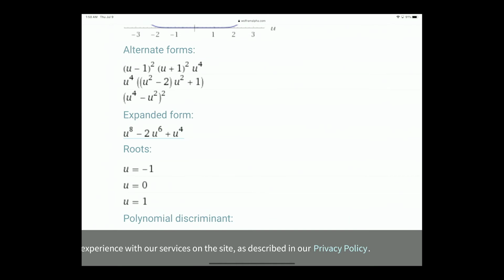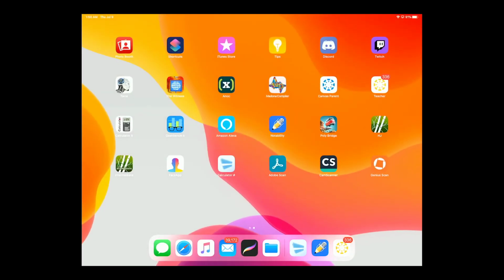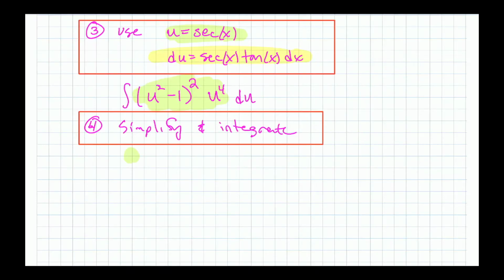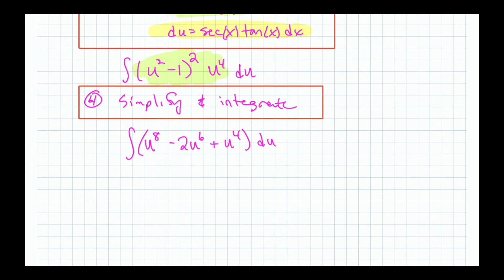So 1, minus 2, 1, and 8, 6, 4. So I think it is. U to the 8th minus 2u to the 6th plus u to the 4th. I don't know why I did Wolfram Alpha. We could have easily done this. All right. So there's your integral.